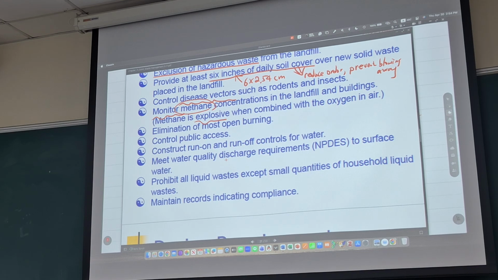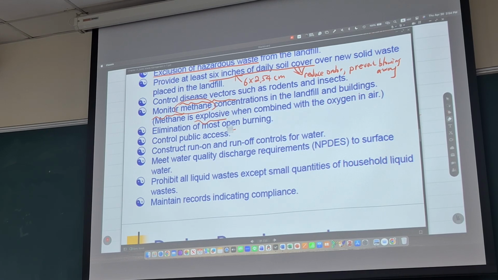Okay, and you try to remove most open burning. Open burning means burning waste in the open air.